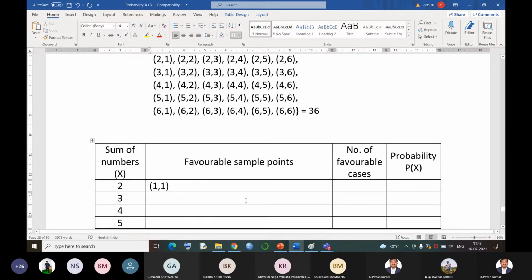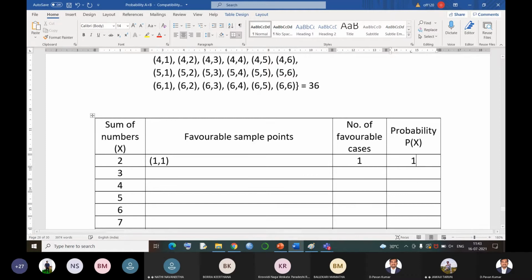So how many favorable cases do we have to get the sum 2? Only 1. But what is the probability of getting sum 2 when two dice are rolled? The formula is the number of favorable cases divided by the total number of exhaustive cases. In this case, the total number of exhaustive cases is 36 because two dice are rolled, so the denominator is always 36. Now the probability of getting the sum 2 is 1 divided by 36.